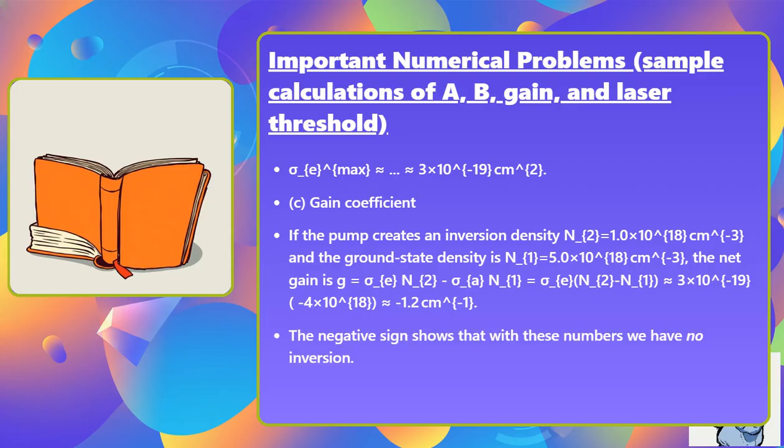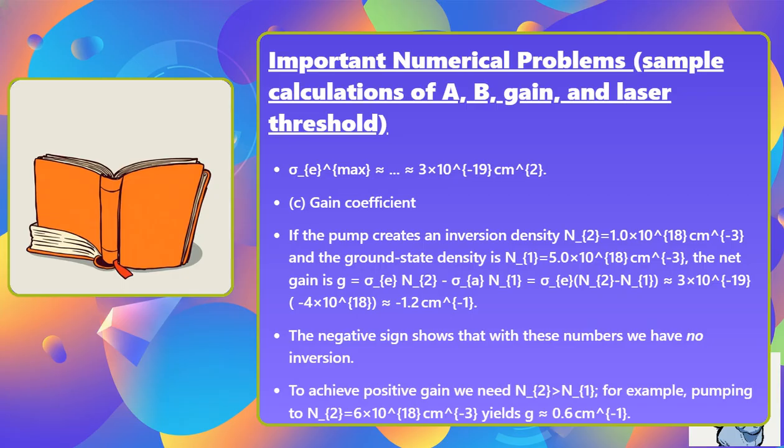The negative sign shows that with these numbers we have no inversion. To achieve positive gain, we need N2 greater than N1. For example, pumping to N2 equals 6 times 10 to the 18 per cubic centimeter yields G approximately 0.6 per centimeter.